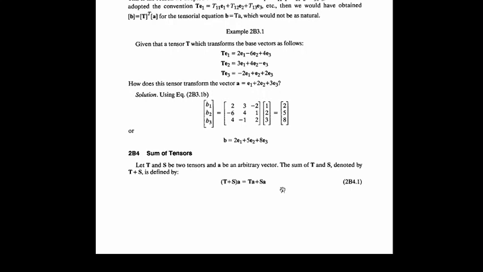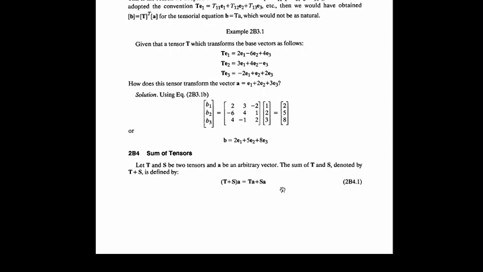With the help of this definition, you will show that this sum T plus S, or S plus T, will satisfy the properties of linearity, the two properties which you have already studied when we started the linear transformation.